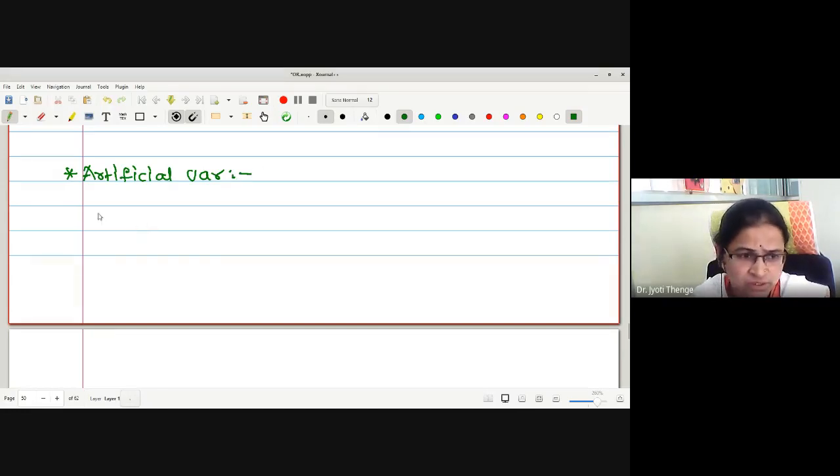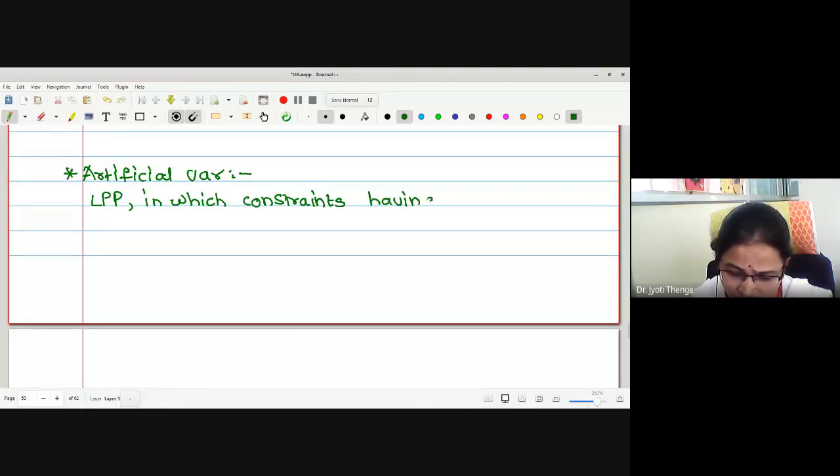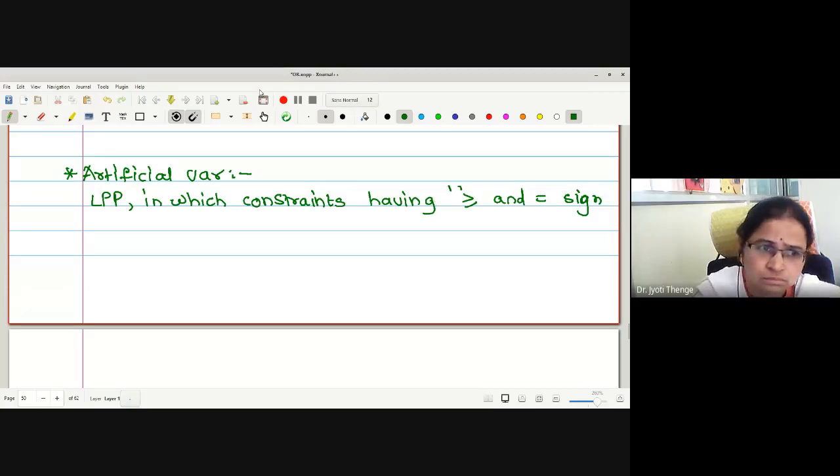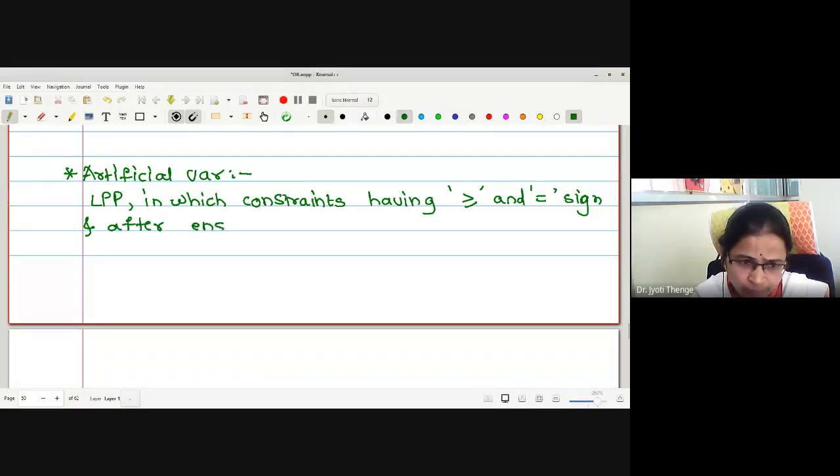Artificial variable. Here we will write: LPP in which constraints having greater equal and equal to sign, and after ensuring all bi are non-negative.